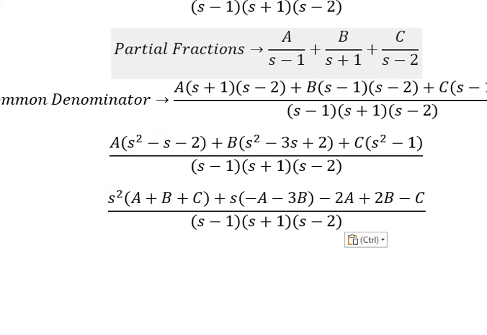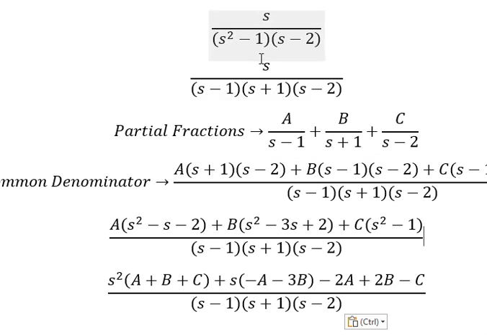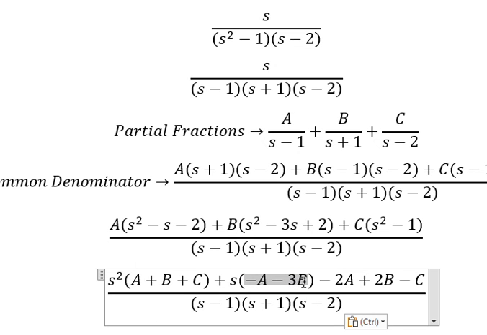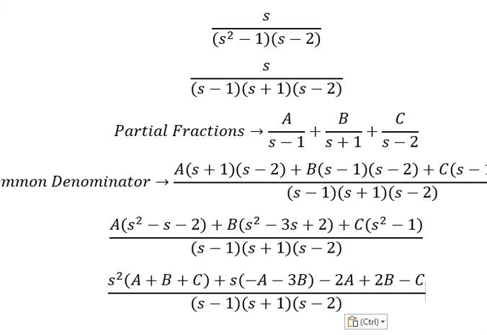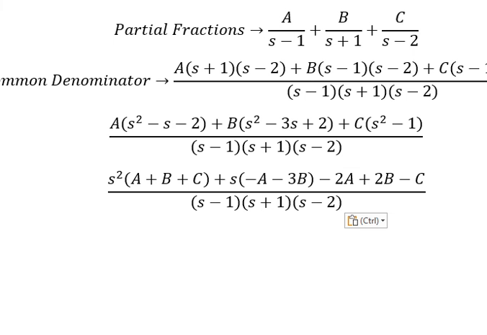Now, we compare coefficients. We just have only h, that means negative a, negative 3b equals number 1. We don't have this one and this one, so they will equal number 0. And now we create the system of equations.